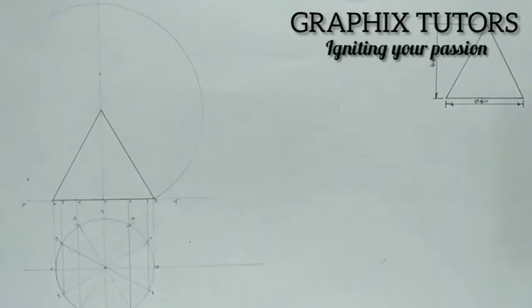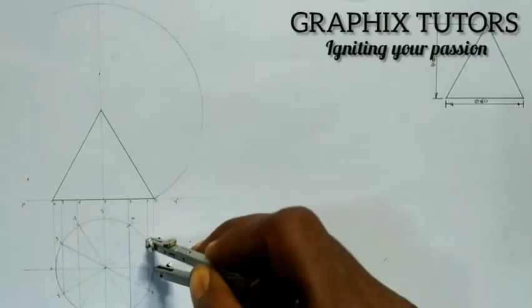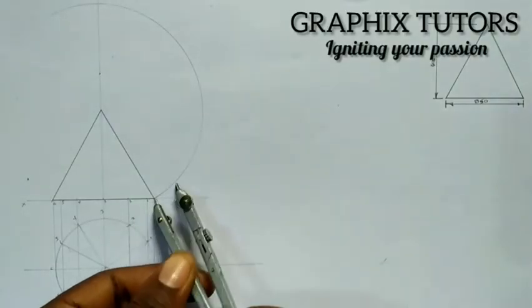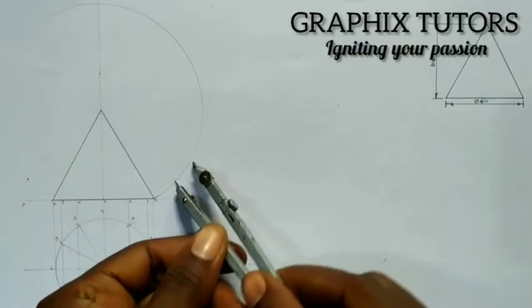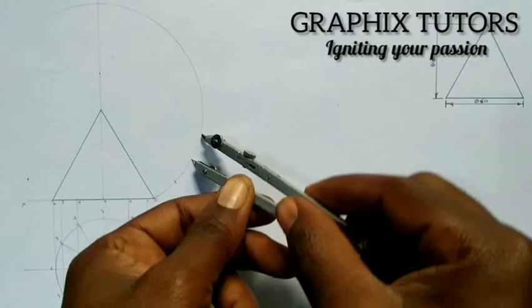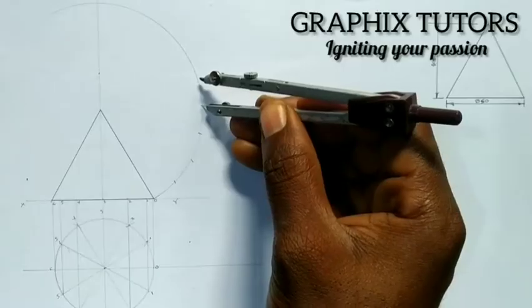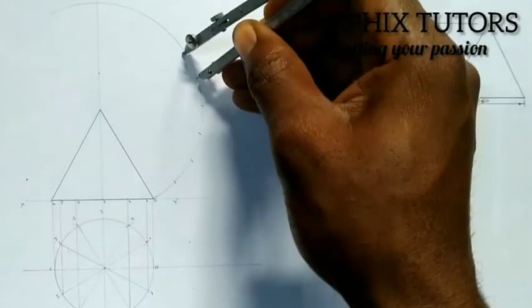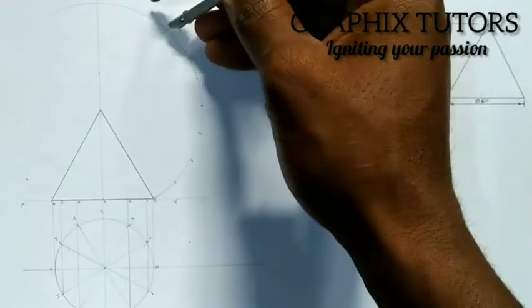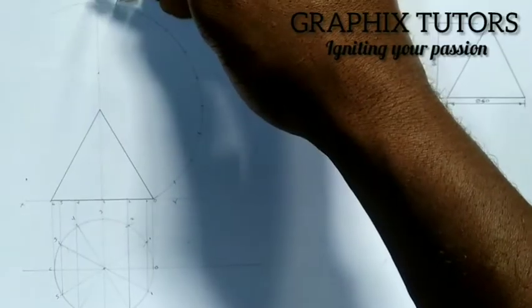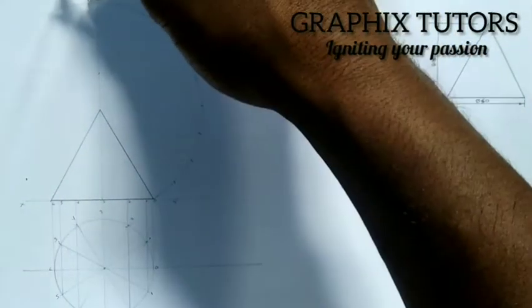Now, what I'll do is take any of the divisions of this circle, maybe 0 to 1, and place it at the beginning here. This is 0, this is 1, this is 2, this is 3, this is 4, this is 5, 6, 7, 8, 9, 10, 11, and 12, somewhere around here.